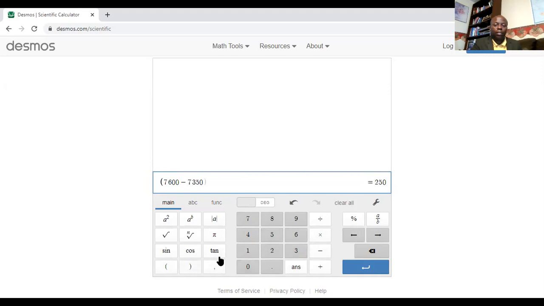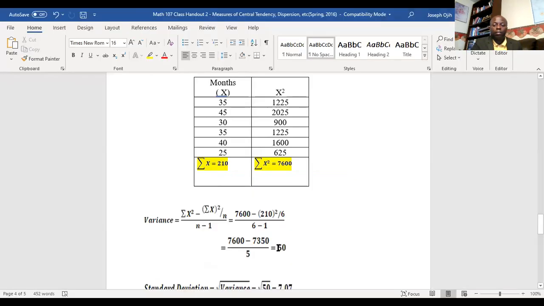I close the parentheses, divided by 5, gives 50. So our variance is 50. Now I'm going to take you back to the paper. Our variance is 50.